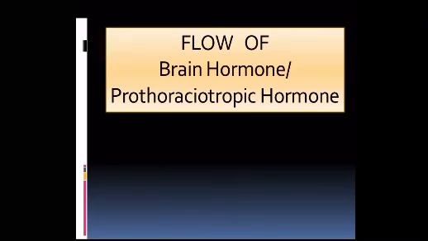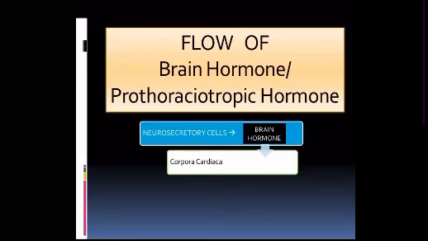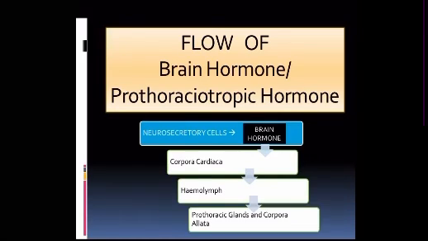Now let us see the production and flow of brain hormone. The neurosecretory cells produce the brain hormone which flows into the corpora cardiaca and then the hemolymph and then enters the prothoracic glands and corpora allata, where it comes to be known as the prothoracicotropic hormone.